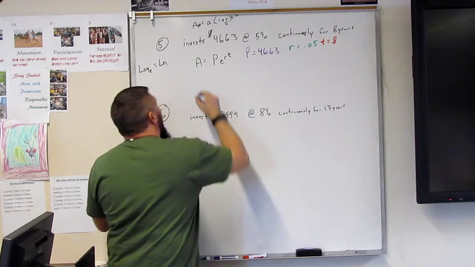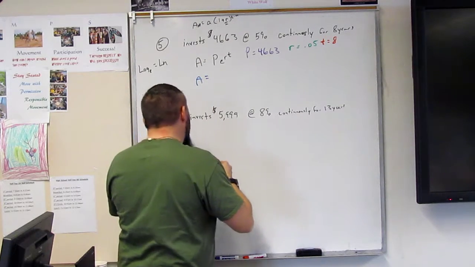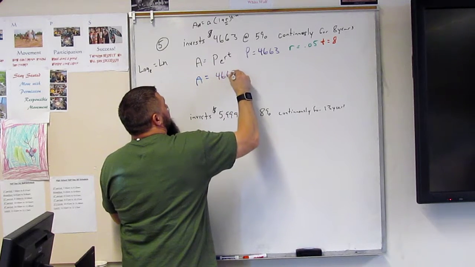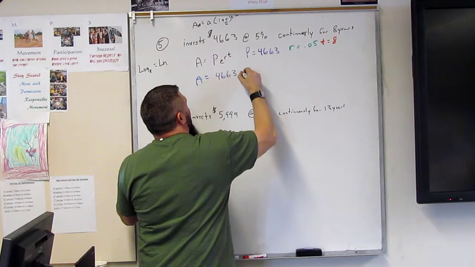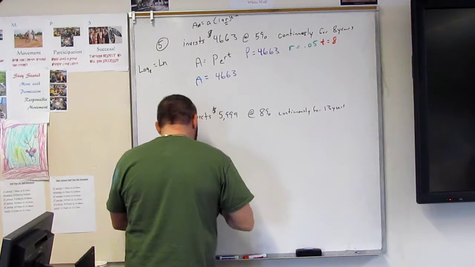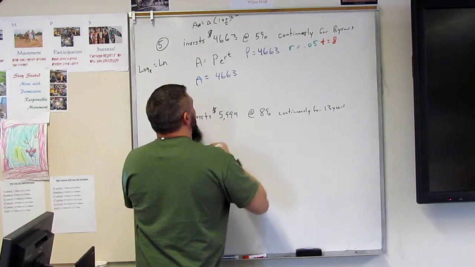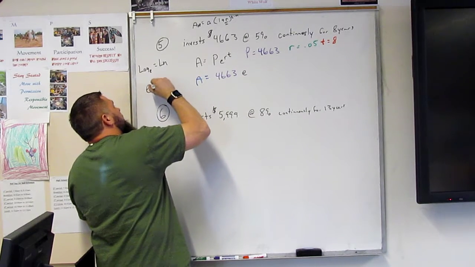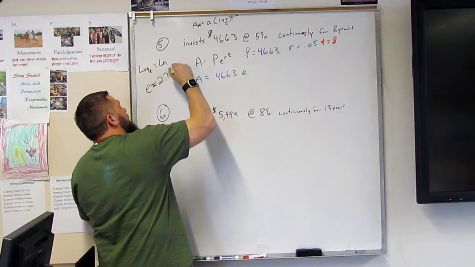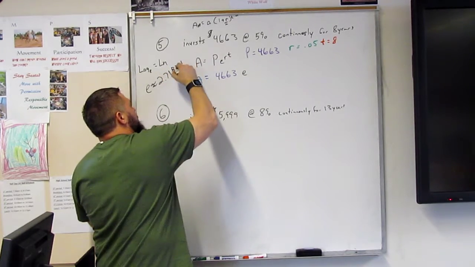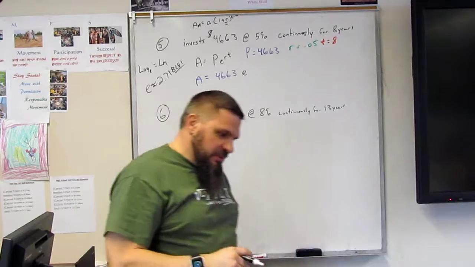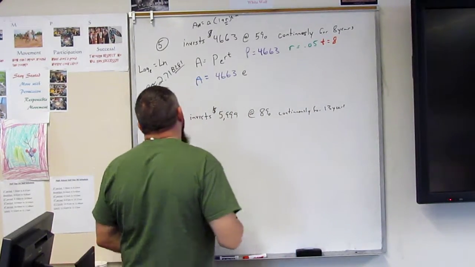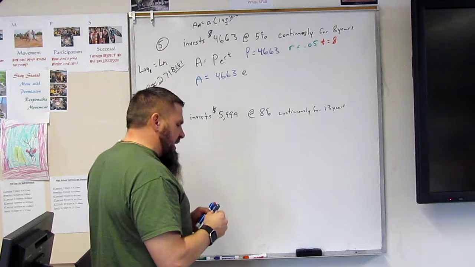So A is equal to the principal, 4663, times e, and that's the number e. e is equal to approximately 2.718281. I think that goes on forever. I thought e was an irrational number, not repeating.